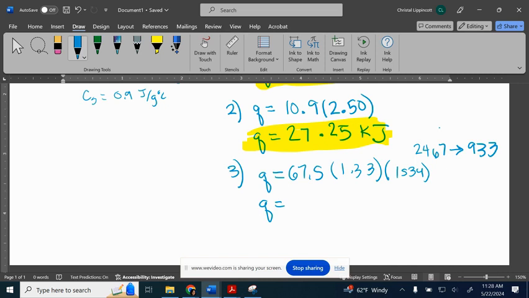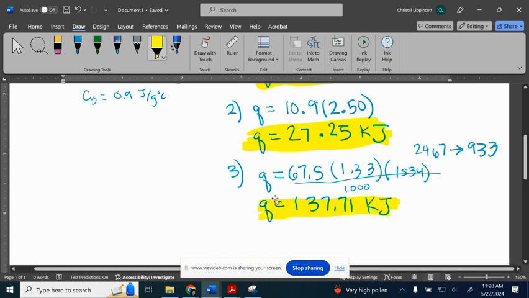So it's 67.5, 1534, and 1.33. And then I'm going to divide by 1,000 to get it into kilojoules. So that's going to give me 137.71. And that's going to be kilojoules. I divided by 1,000 to get it into kilojoules. That is going to be my third amount.